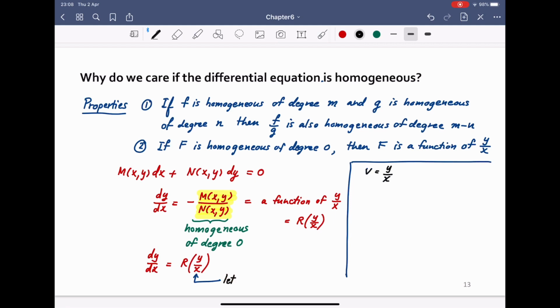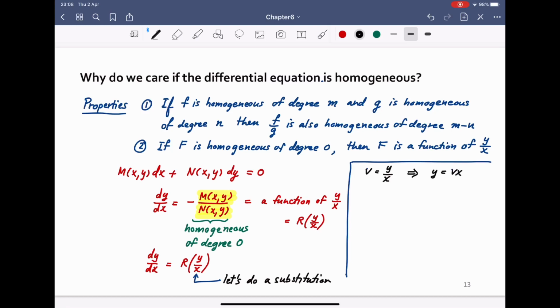So we're gonna do a substitution, we're gonna let y equal to v times x, or v equal to y over x. So this is the same thing as y equal to v times x.